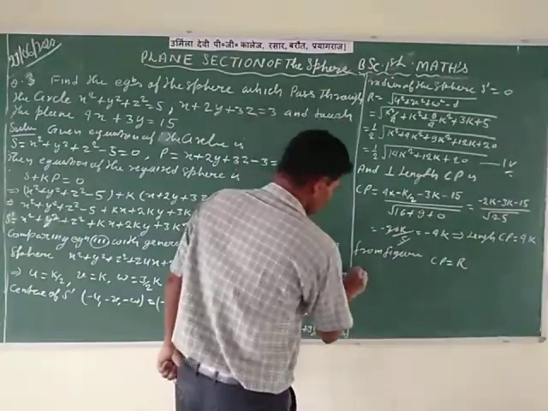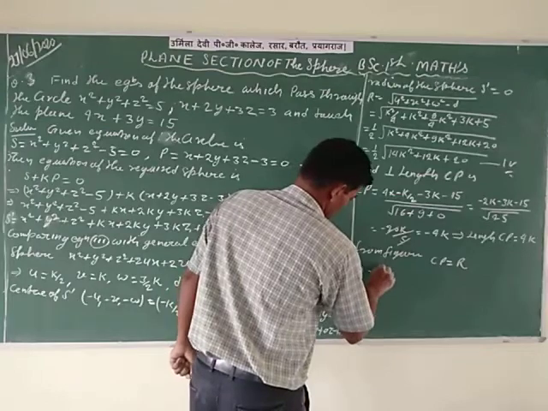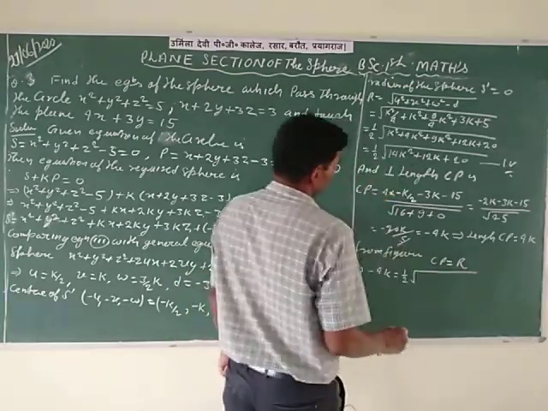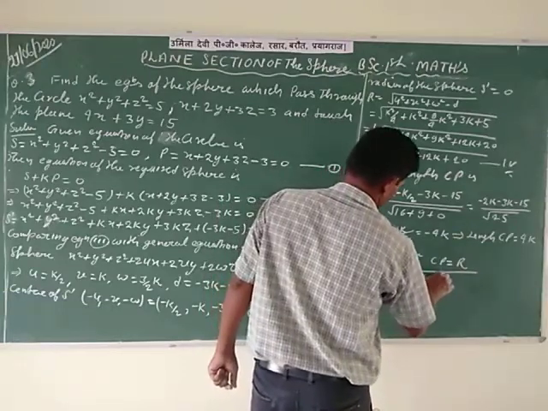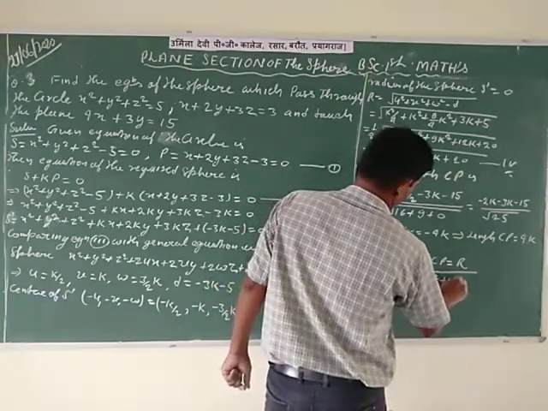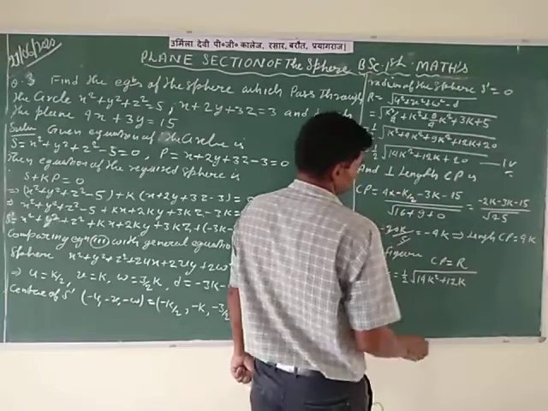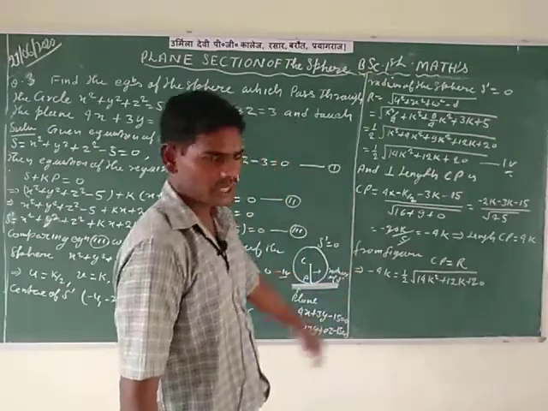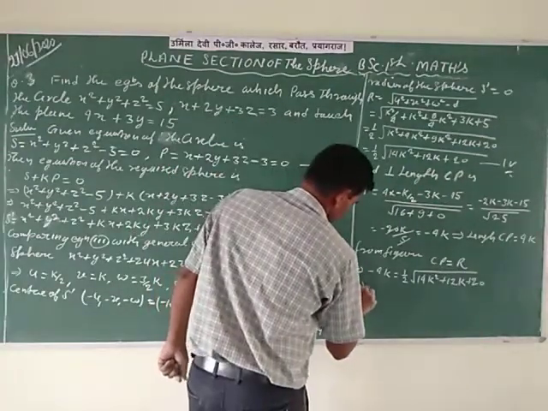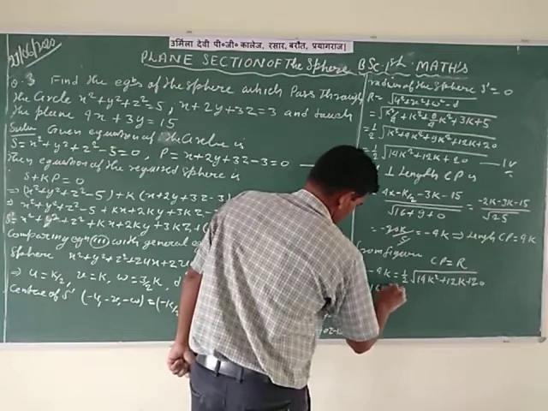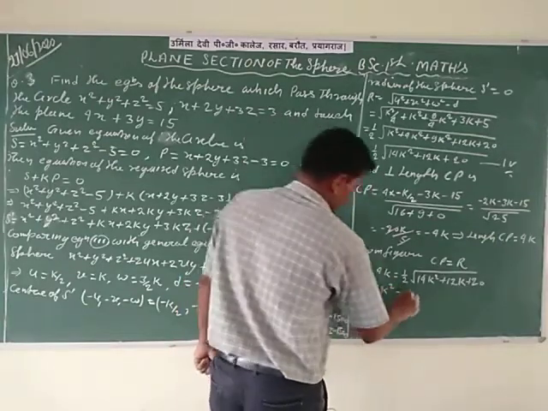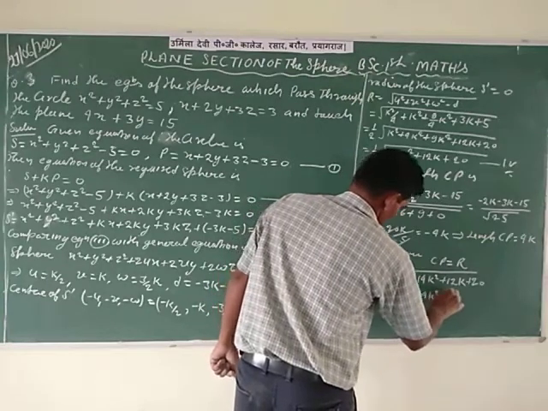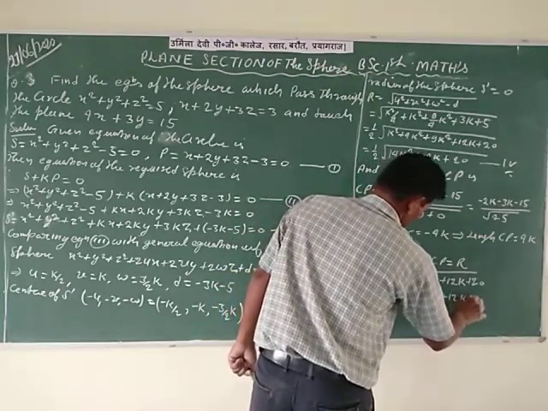So here 4k is equal to 1/2 under root of 14k square plus 12k plus 20. Squaring both sides, 16k square is equal to 1/4 in bracket 14k square plus 12k plus 20.